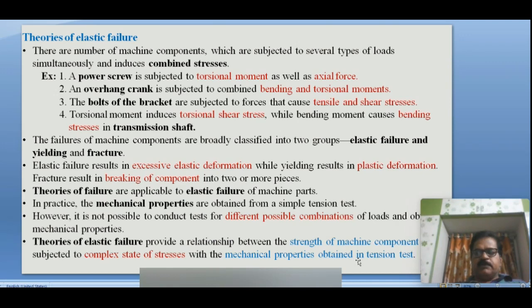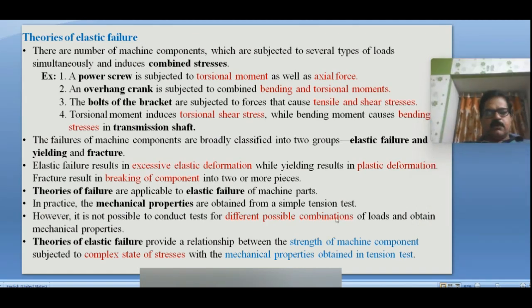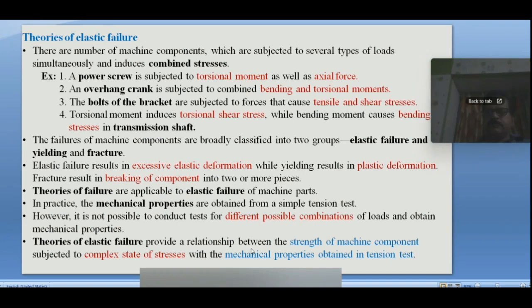The mechanical properties are obtained in the simple tension test. However, it's not possible to conduct different tests for different possible combinations of the loads and obtain the mechanical properties. The theories of elastic failure provide a relationship between the strength of a machine component subjected to a complex state of stress and the mechanical properties obtained in the tension test.